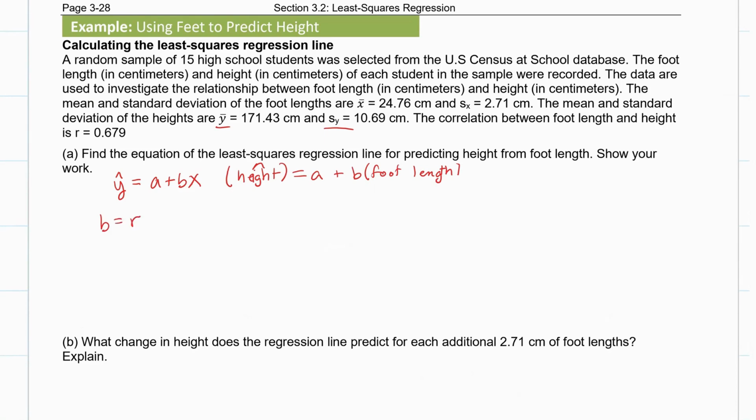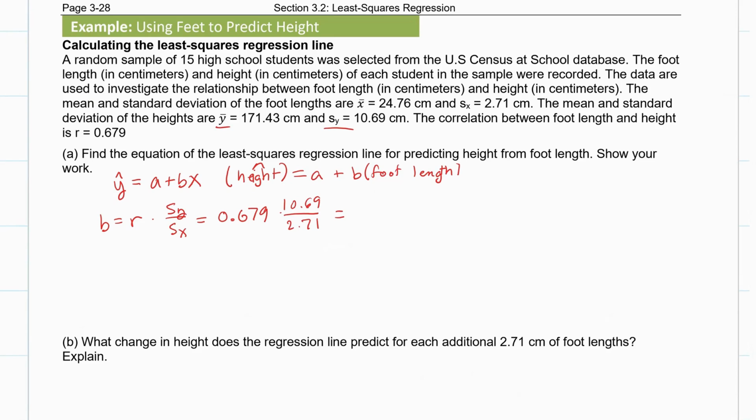That b is equal to r times the standard deviation of y divided by the standard deviation of x. And in this case, we have a positive correlation. And we're going to multiply it by the standard deviation of y, 10.69, and divide it by the standard deviation of x, 2.71.